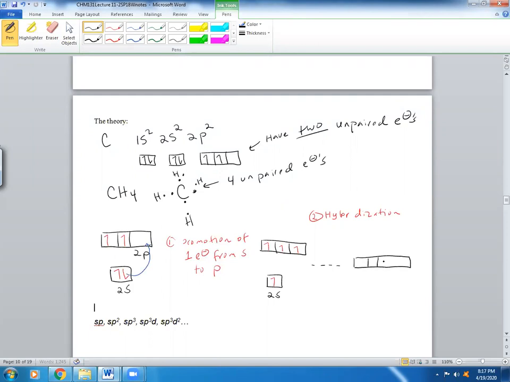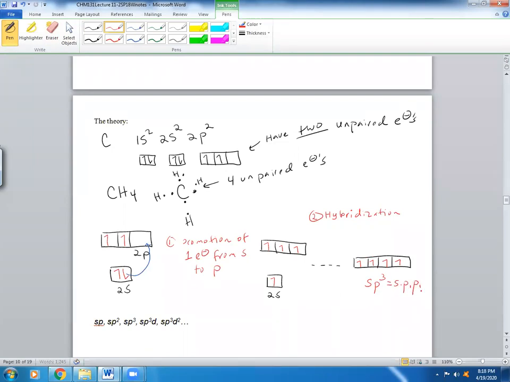So you make 4 new orbitals. And now watch, they all have unpaired electrons. So hybridization, and these are sp3 orbitals, s and 3 p's.